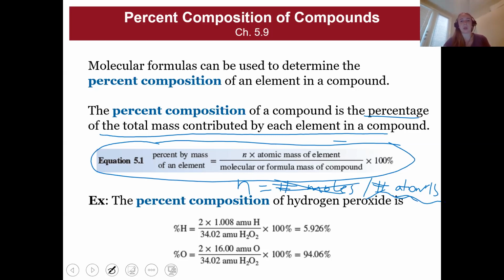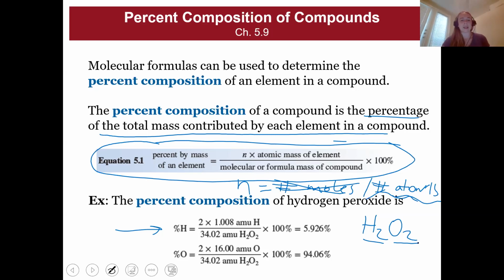So for example, the percent composition of hydrogen peroxide, which is composed of hydrogen and oxygen. Hydrogen peroxide is H2O2. We have 2 atoms of hydrogen in one molecule of hydrogen peroxide and 2 atoms of oxygen in one molecule of hydrogen peroxide.